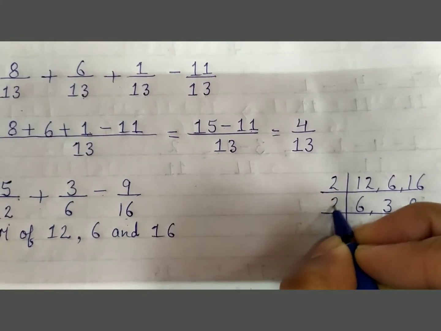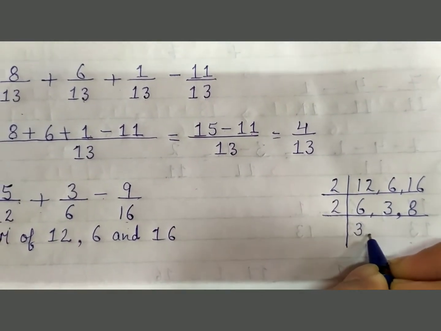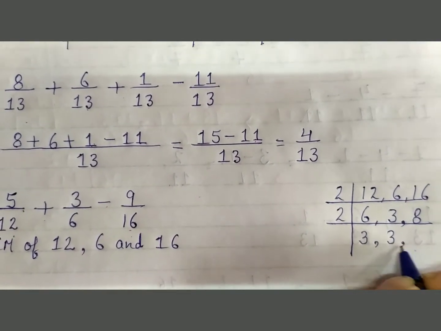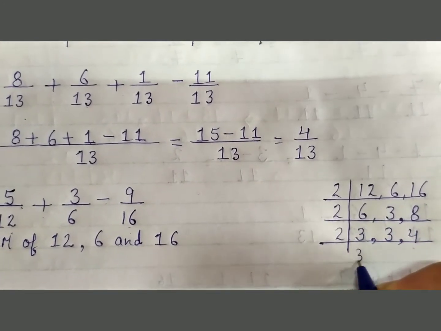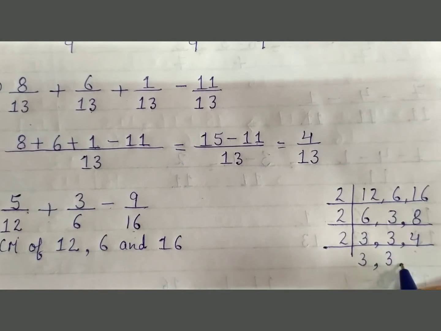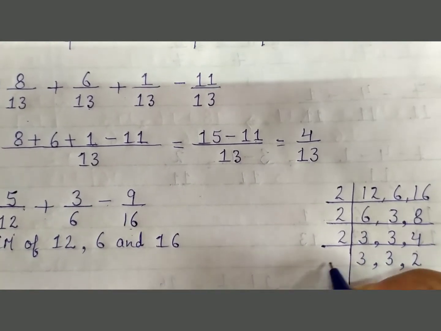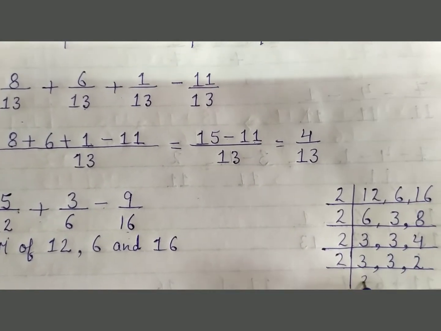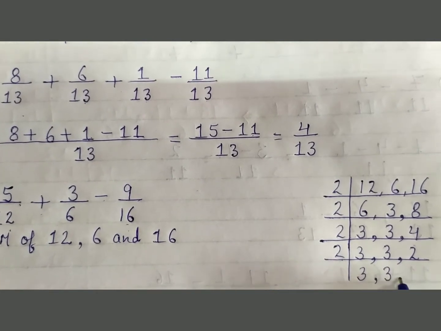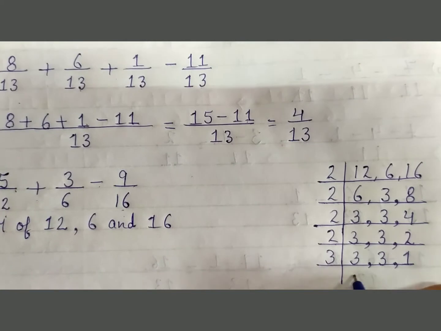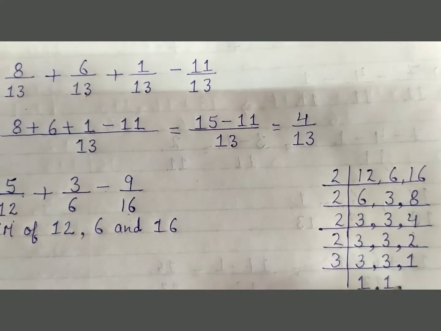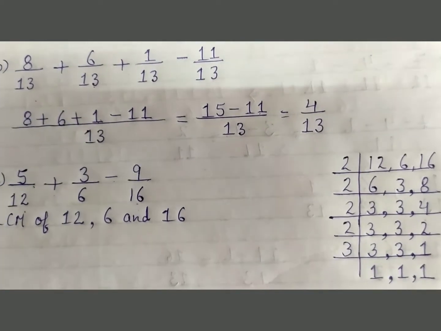Again write 2, 2 threes are 6, 3 as it is since it is not divisible by 2, 2 fours are 8. 2, 3 as it is, 3 as it is, 2 twos are 4. 3 as it is, 3 as it is, 2 ones are 2. Write 3, 3 ones are 3, 3 ones are 3, 1 as it is.